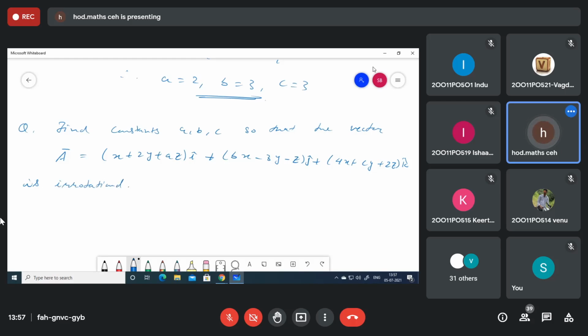This is one part. And also find its scalar potential. Solve and tell me the answer.